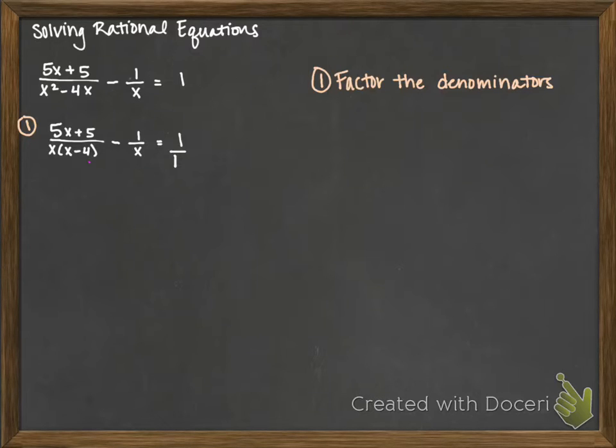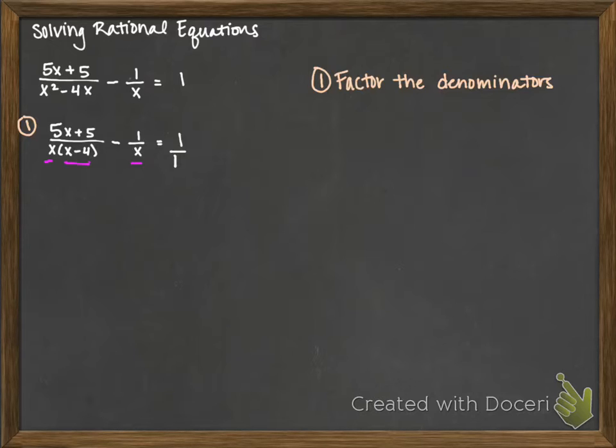Step number 2 is finding a common denominator. If I take a look at all the denominators, I notice that I have a single x in my first two fractions, so that is going to have to be part of my common denominator. I also notice that I have an x minus 4 over here. That is going to need to be part of my common denominator because I need to include every single part of my denominators.